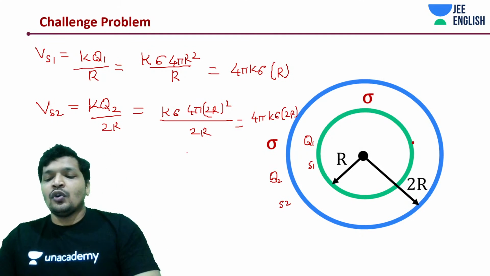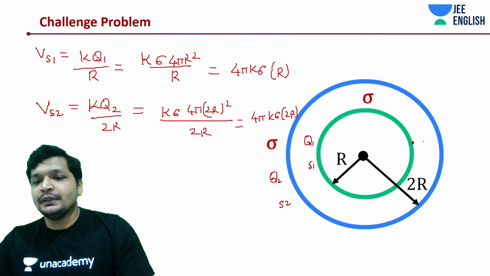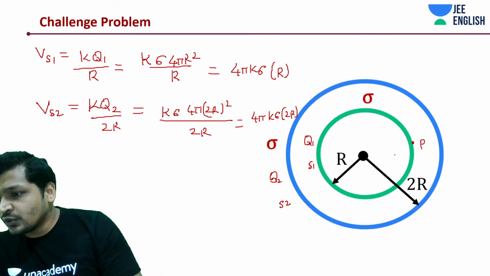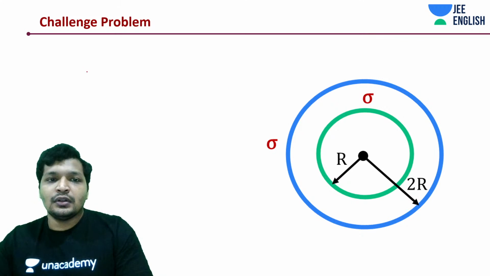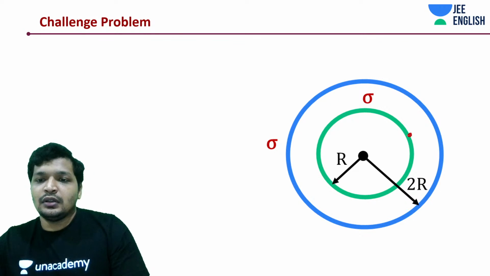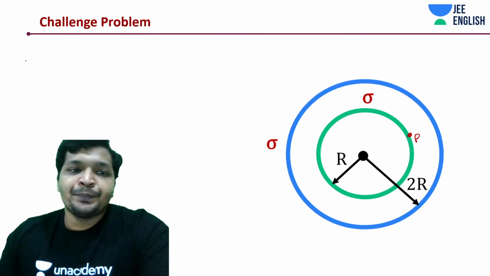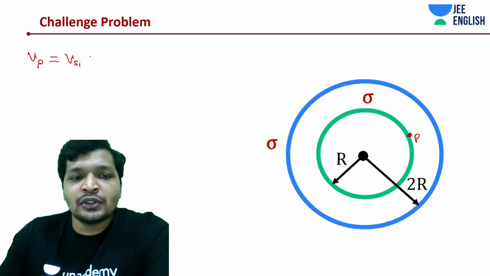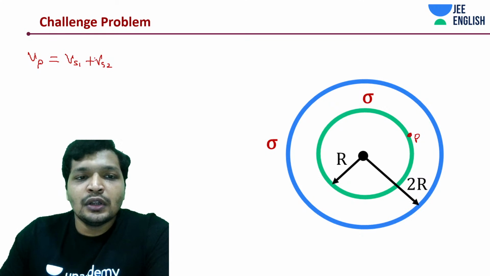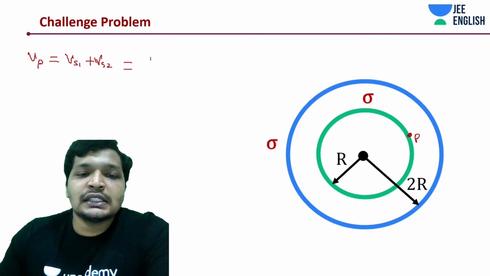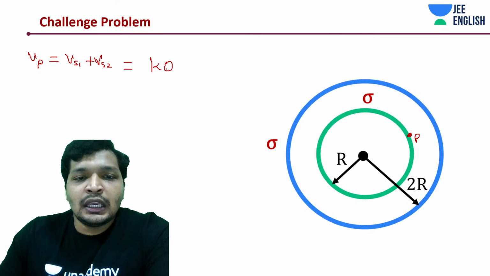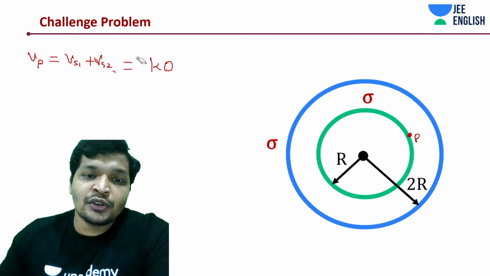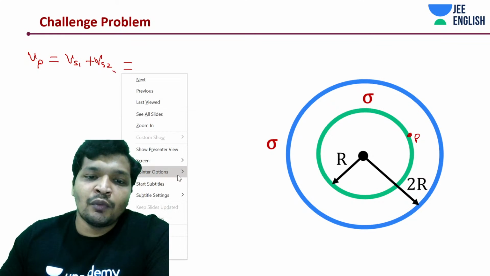So the total potential at point P is how much? Vs1 plus Vs2. At point P, we have two things, which is going to be Vs1 plus Vs2, which we are going to get as K. We are not doing the entire calculation again. I'm just going to add up both these terms. What did we have?